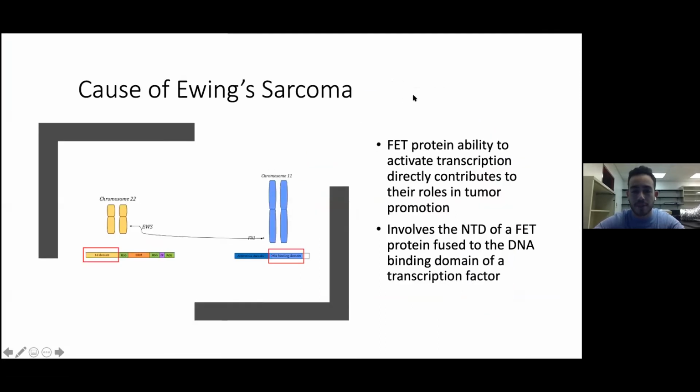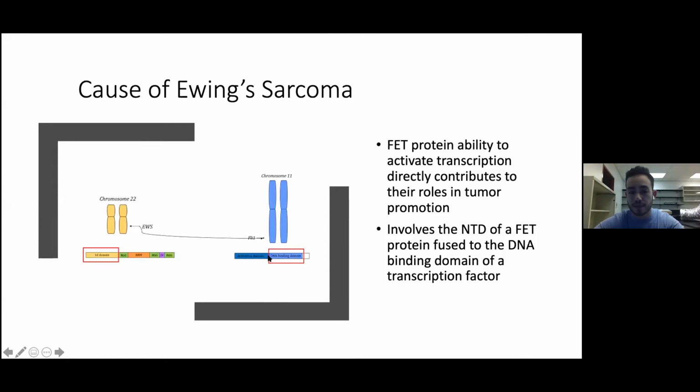And then what happens in Ewing sarcoma is we have this healthy chromosome 22, which is EWSR1. It has all the domains: the LC domain, RGG, the RNA recognition motif, and the final portion of it. But what happens in Ewing sarcoma is that in chromosome 11, we have FLI1, which has two separate domains. It has an activation domain and a DNA binding domain.